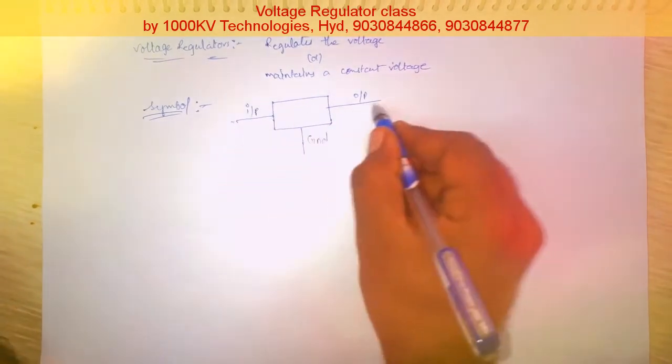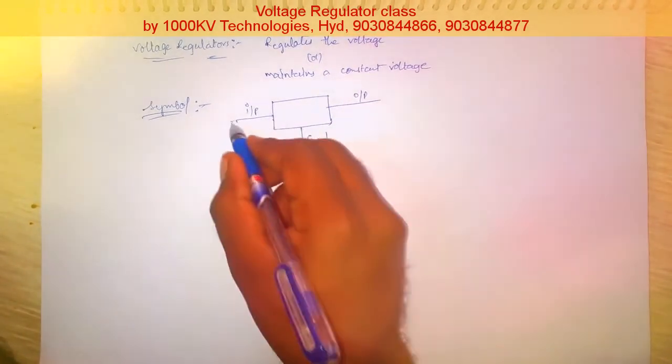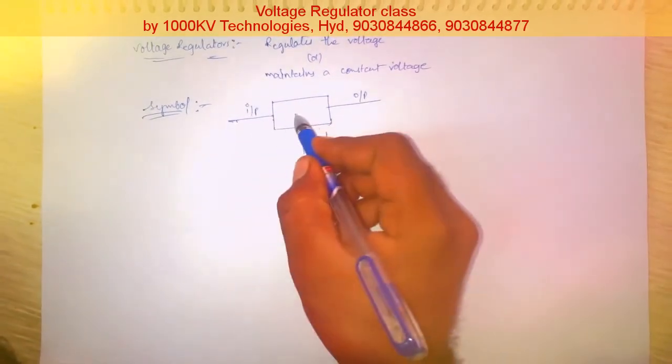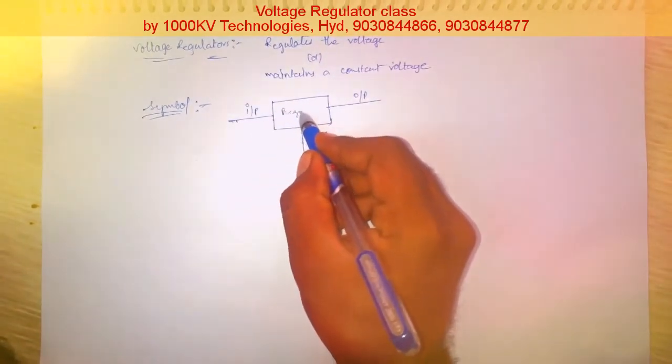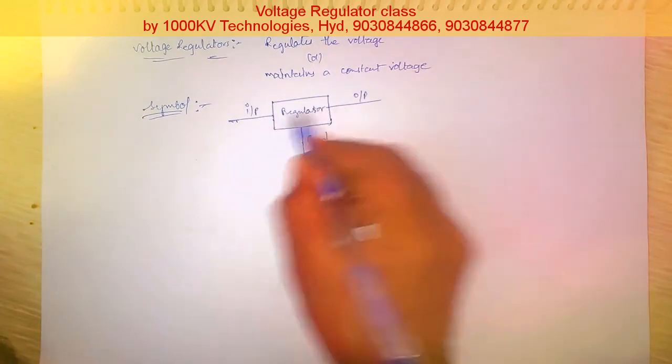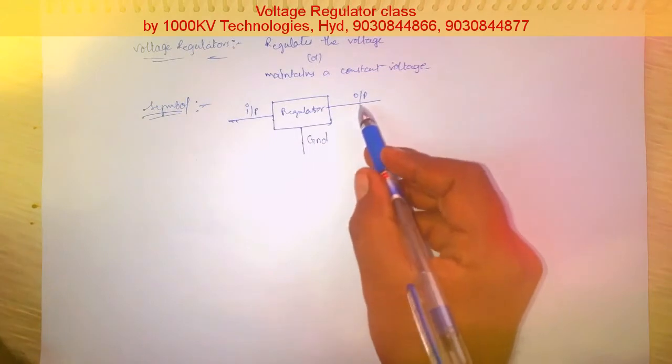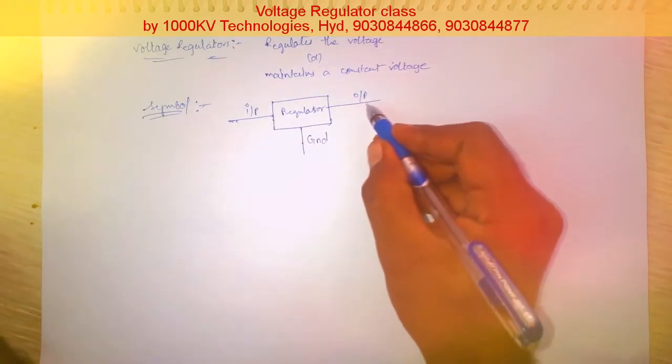This is the input terminal, this is the output terminal, this is the ground terminal. The input terminal is where the unregulated input is applied to the regulator. This is the regulator, and the ground is common for both input and output, where the regulator output is taken.